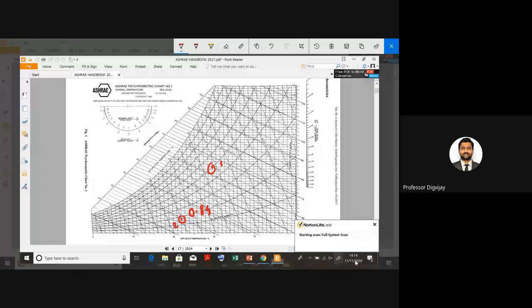For point 1, I have to do some iterations. Here it is given as 0.88, and this is 0.8687. So I will write it as 0.877. Okay, so it is a little bit less than 0.88. So I have taken 877.